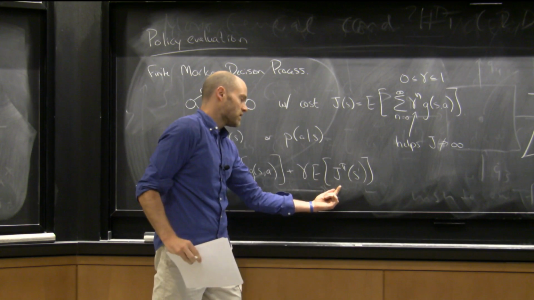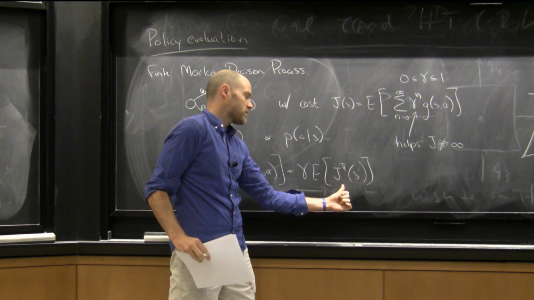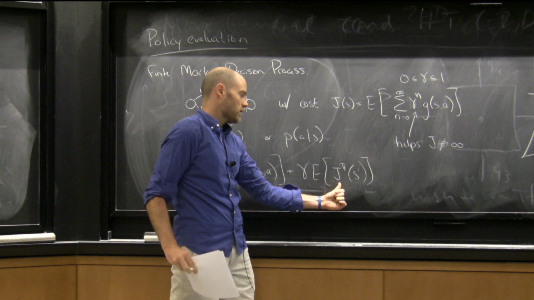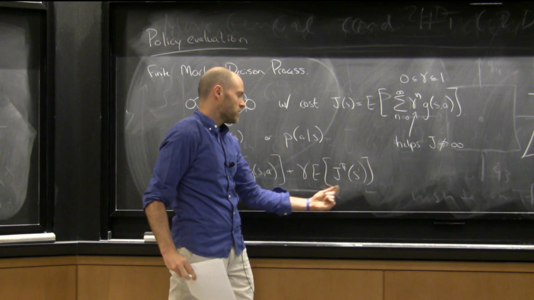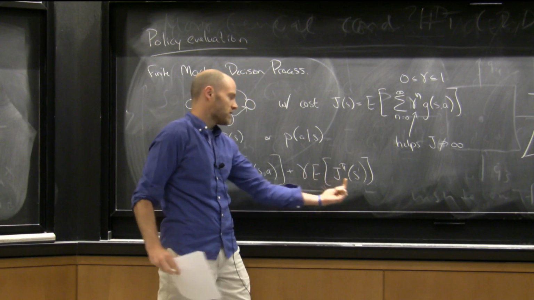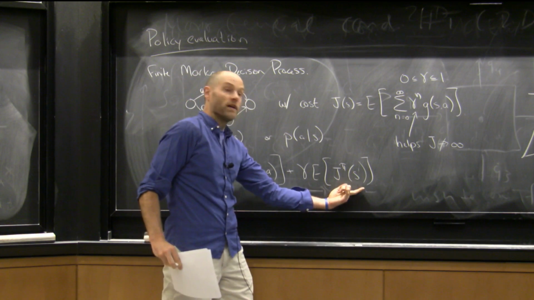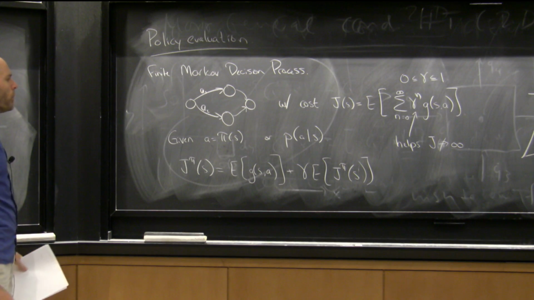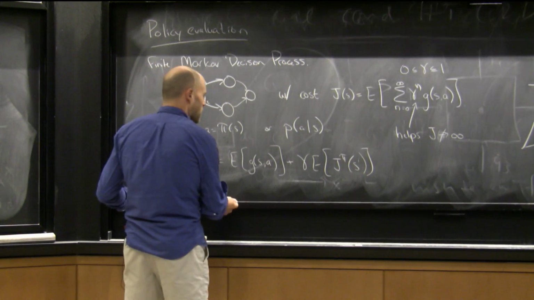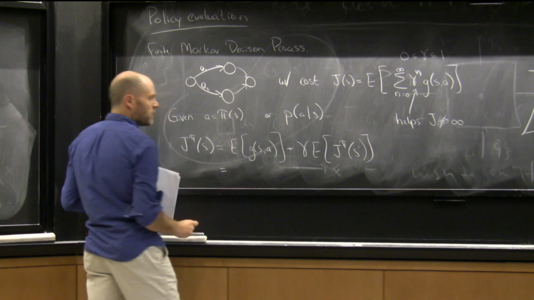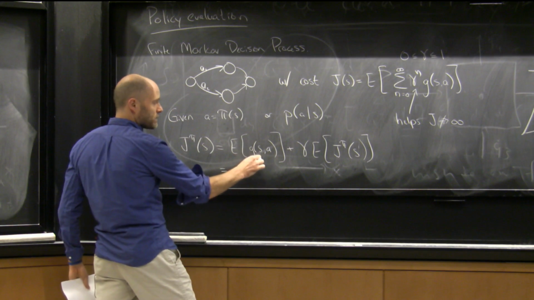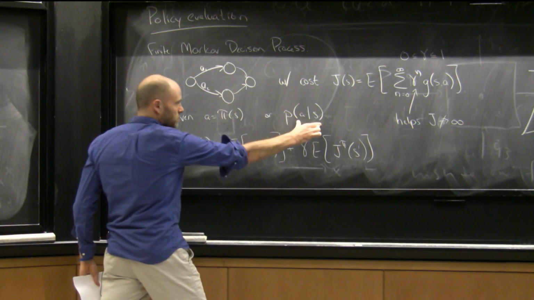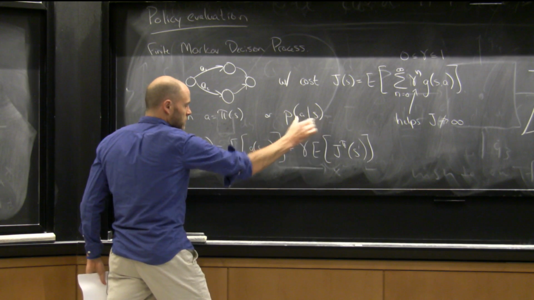J as a function of s is just a number. It's not a random variable. But since s prime has some distribution, there's an expected value of this, given the dynamics, right? But this is something we can just evaluate for s, understanding the probability distribution here.